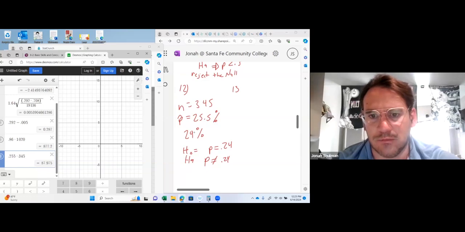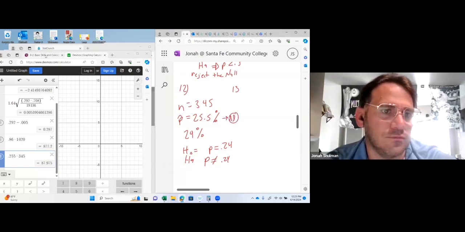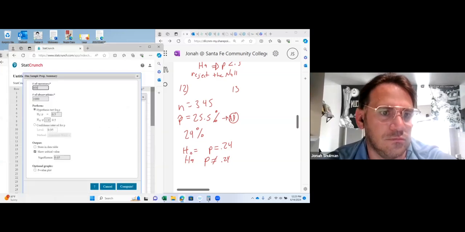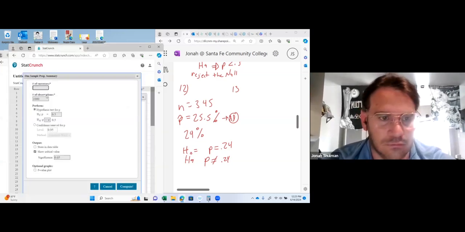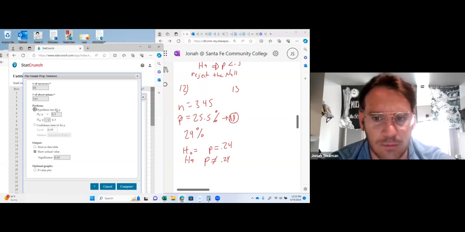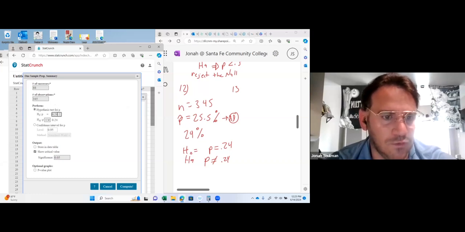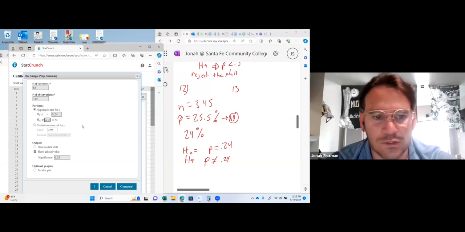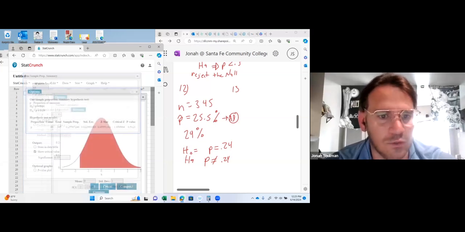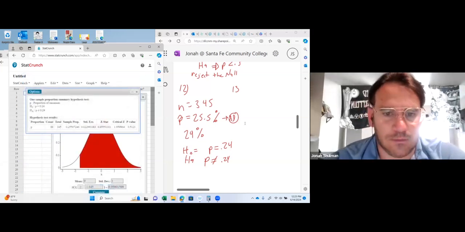So we round this up to what? 88 successes. We've had 345 trials. The hypothesis test value is 0.24. And we want to just not equal it. Notice that changes a lot of stuff. We compute it and we have everything.